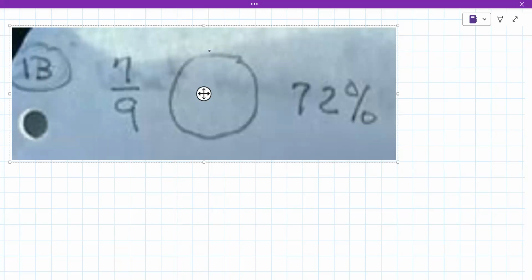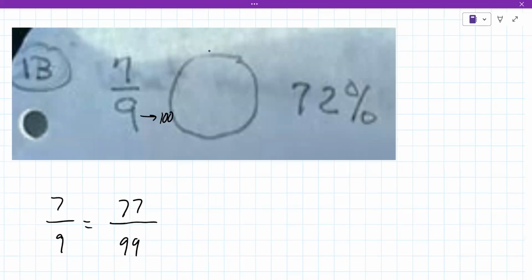Well, the problem with this one is 9 doesn't go into 100 very well. No. But it gets close. And that's what I'm kind of curious. Did you guys talk about this in class? Like, this is really close. And it's close enough to make a decision about 72% being bigger or smaller.